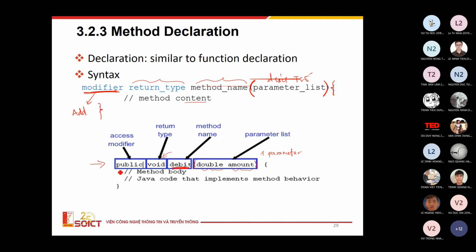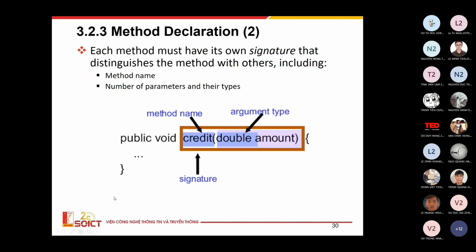And the modifier is public. And inside the block of code here will be the body. And what we call the signature. This is very important, you have to remember the definition of the signature for a method. Chữ ký của phương thức.